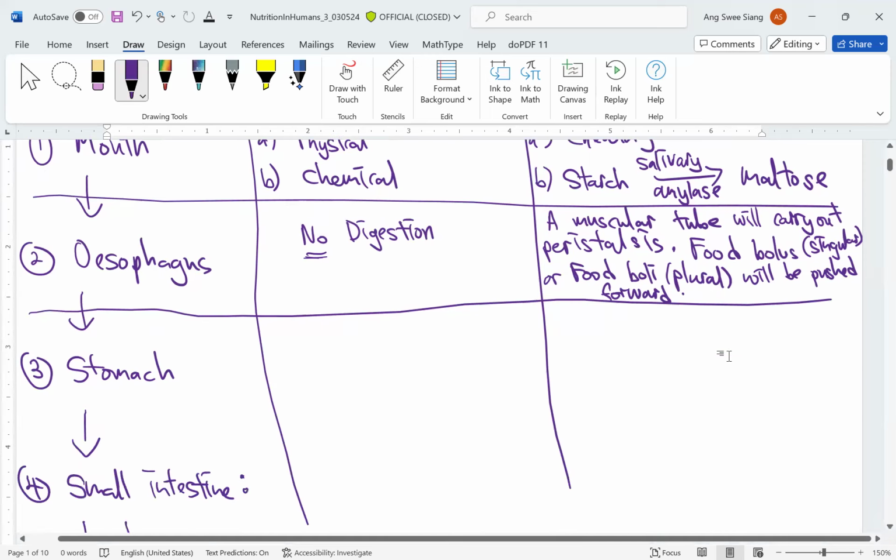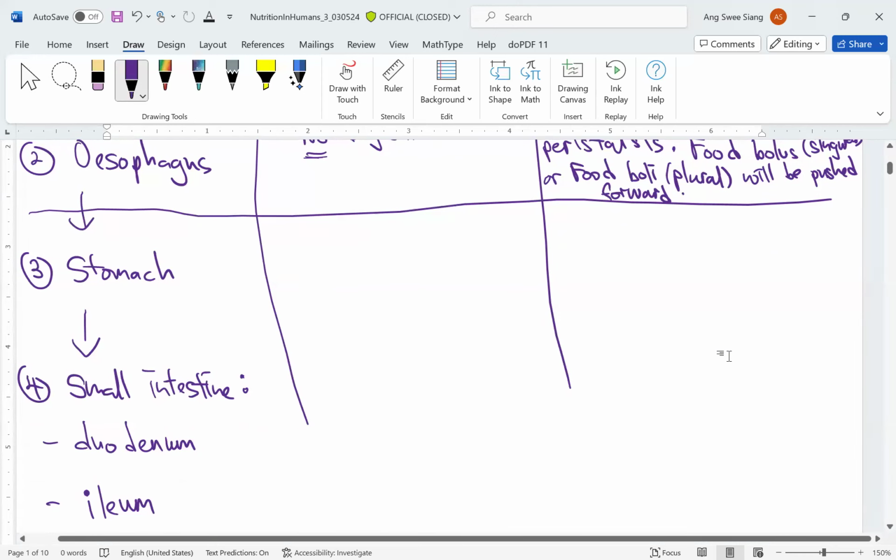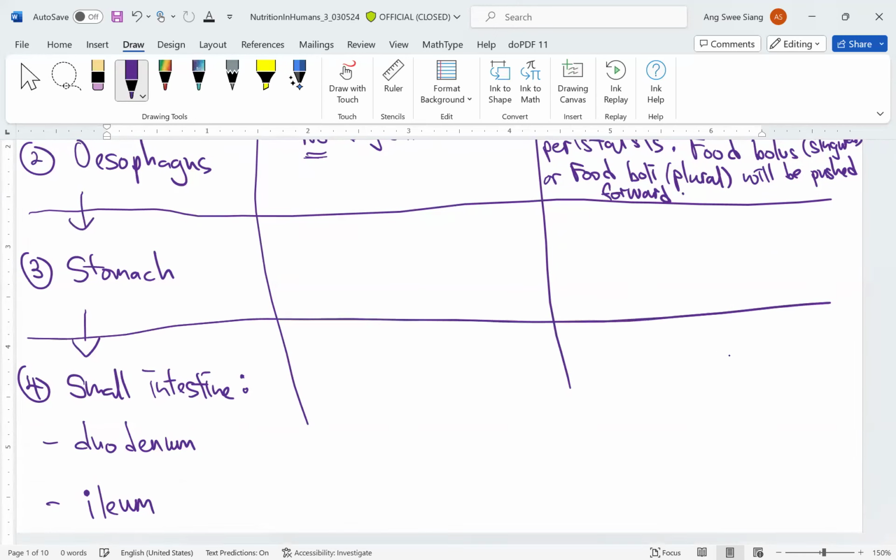Now let's move on. So in the stomach, you also have physical digestion. You also have chemical digestion. So physical digestion, yesterday's lesson we talked about the churning. During churning, the solid food, the food bolus, which is in solid form, will be mixed with the gastric juice.